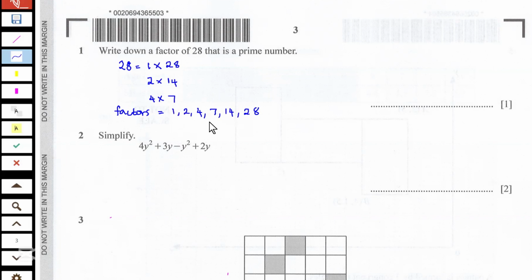And of course, the prime numbers are numbers with only two factors, 1 and itself. So we can easily identify 2 as a prime number, as well as 7. 7 is also a prime number. So we've got only two prime numbers on this list. So the final answer to question 1 is 2 and 7.